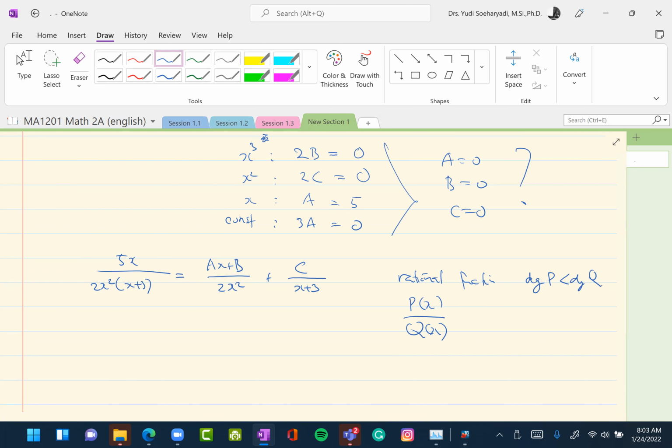Now, why? Because if you have the same degree, or even degree p greater than degree of q, then just do long division, right?